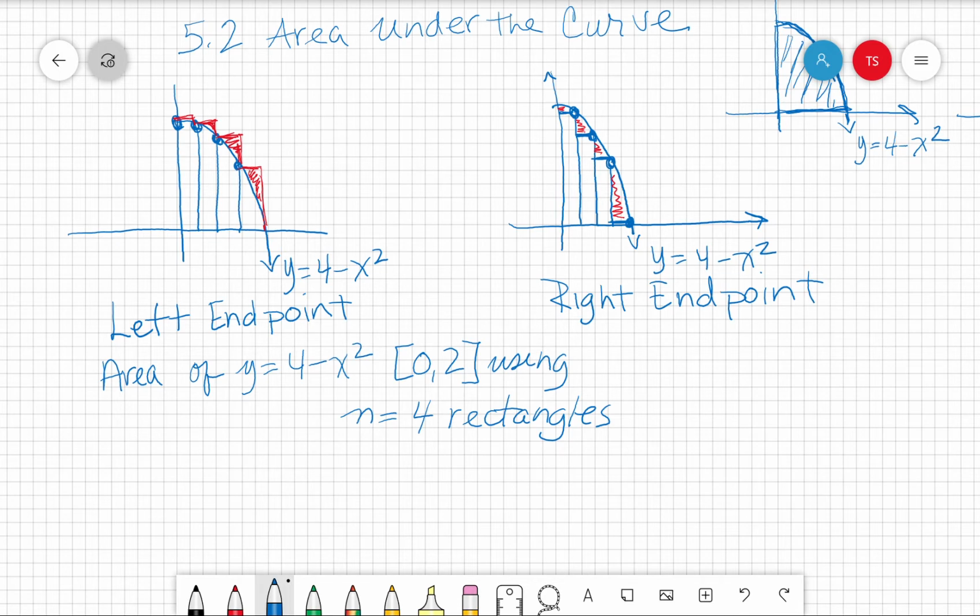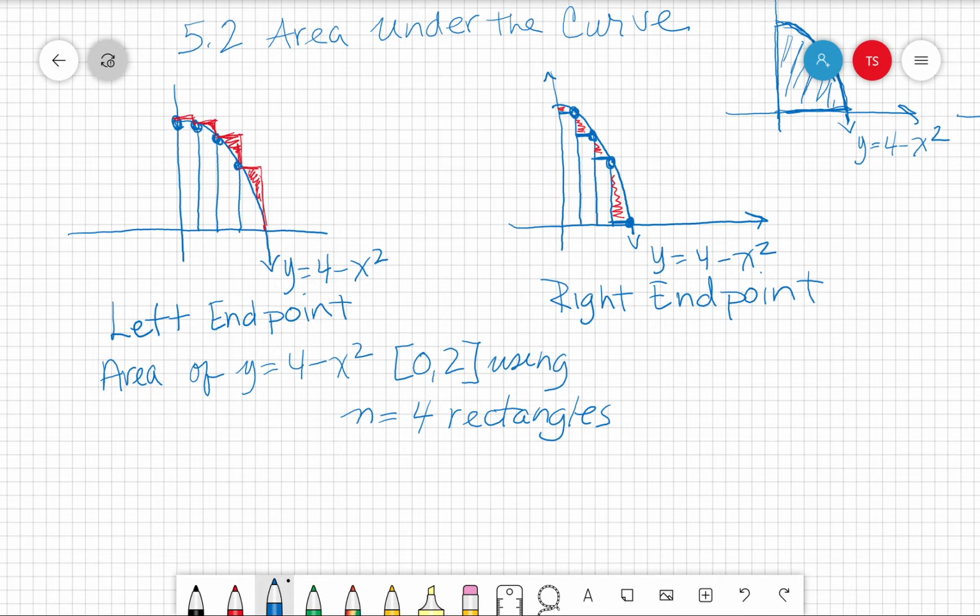There are other techniques where you could divide it into trapezoids or use another method to approximate. Essentially, we're approximating the top of the curve, the top of the graph, which is curvy. And so for this video, we'll use rectangles.